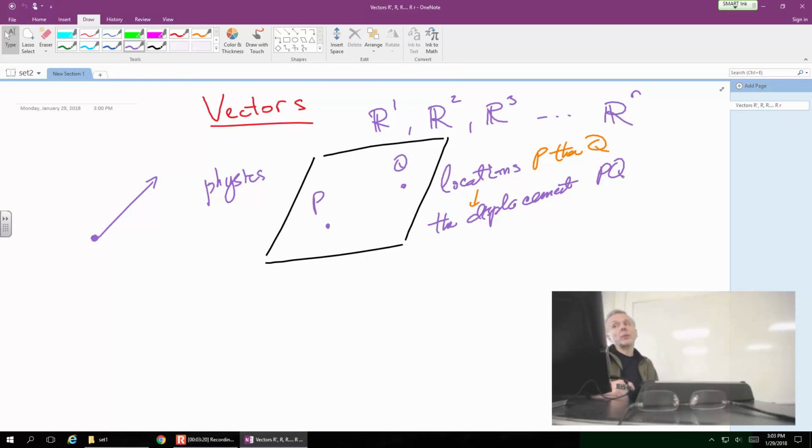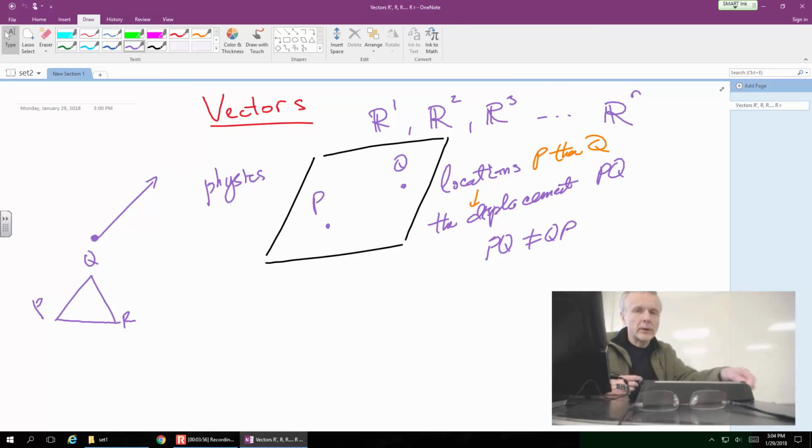So once again, Euclidean geometry, you have points, and if you were talking about triangles, you would say PQ is the segment connecting P and Q. What may not have come up is that order matters. So PQ is not the same as QP. That's the main difference from high school geometry when we talk about displacements.